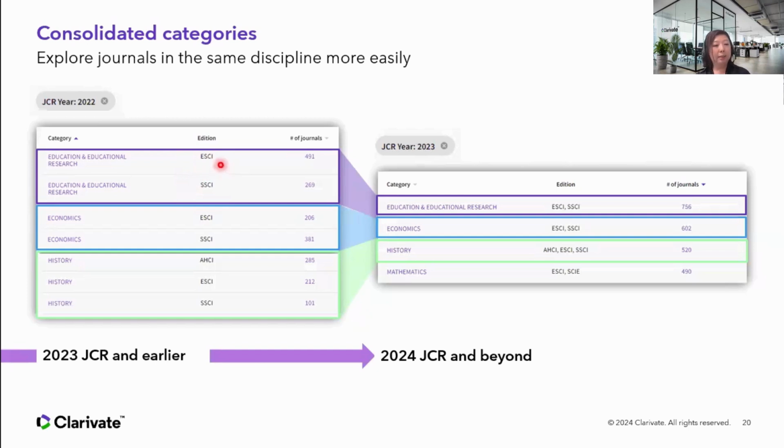So in the past, this created a bit of confusion, but moving forward from this year, we have consolidated that list. We've merged both ESCI and SSCI journals together into one subject category, and the same thing for the ranks and the quartiles. So ESCI journals were given a quartile this year.